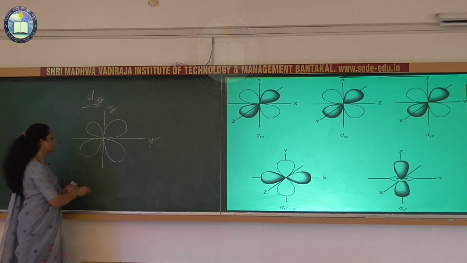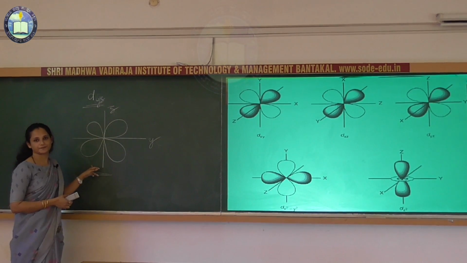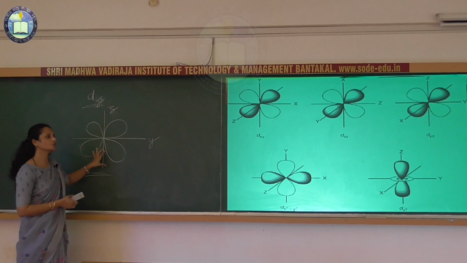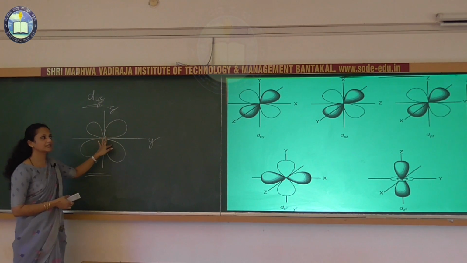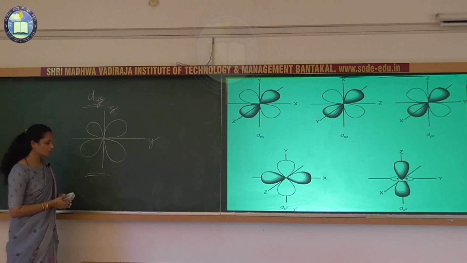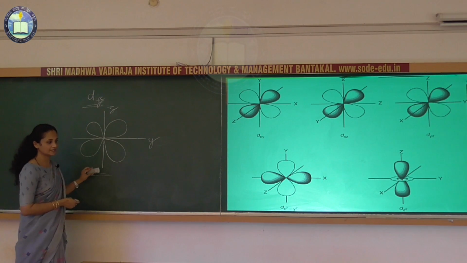So that's all. First three: dxy, dxz, dyz. So these diagrams are very simple. You have to show the lobes between the axes, x, y, z axis. Then the two more diagrams, dx square minus y square and dz square.